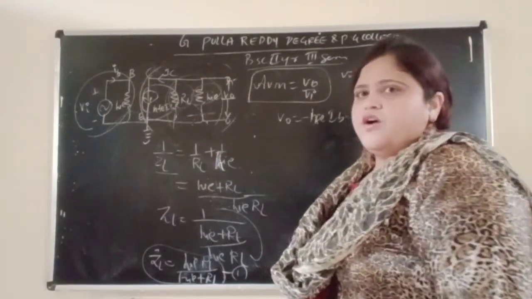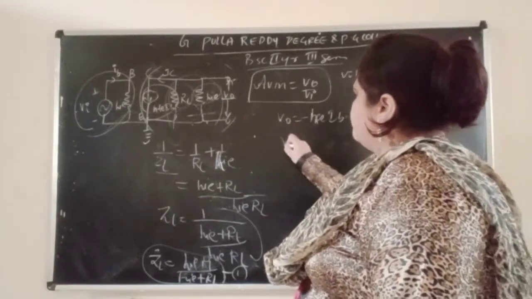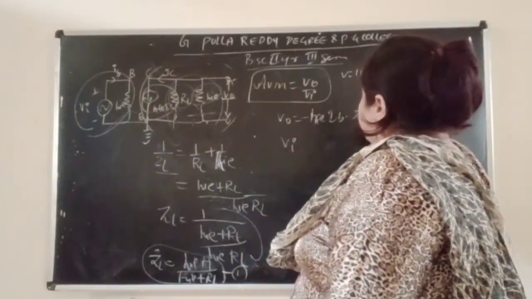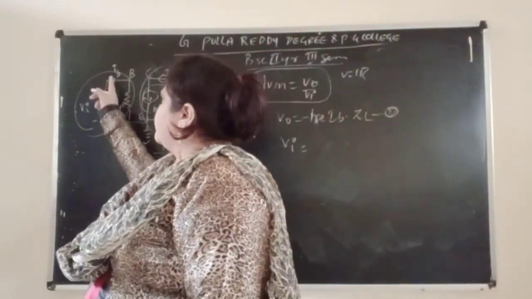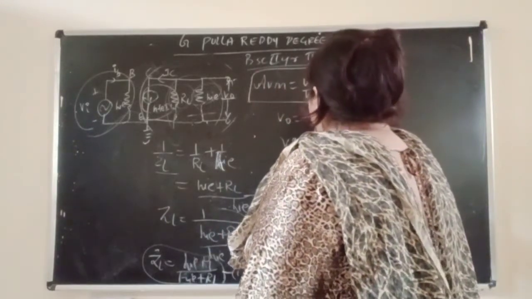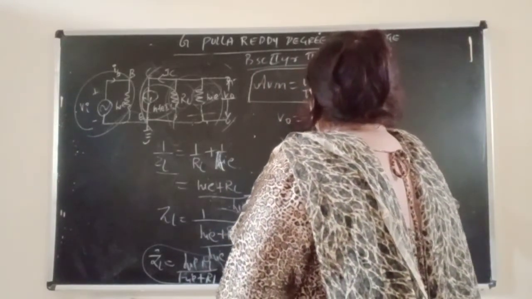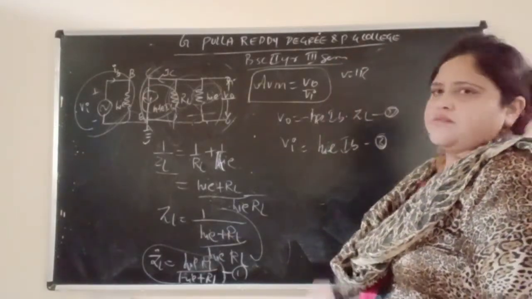This is your output voltage, equation 2. Then the input voltage: V equal to IR, I is IB, R is HIE, so HIE IB, equation 3.